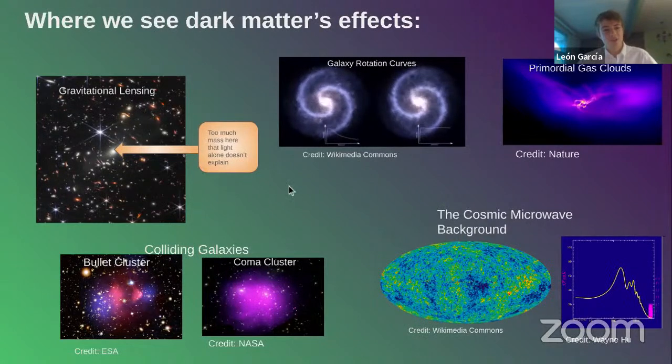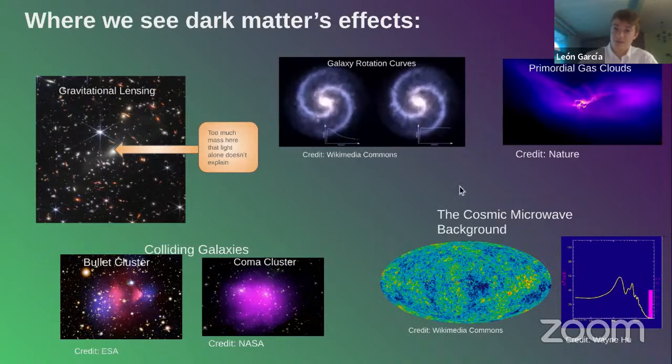We see it contributing to gravitational lensing, or magnifying light sources based on the amount of mass that the light has to travel around. We see that there is way too much mass being magnified to explain the amount of light that it emits. We see galaxies that are rotating too fast, too far out to be explained by traditional models of Newtonian mechanics.